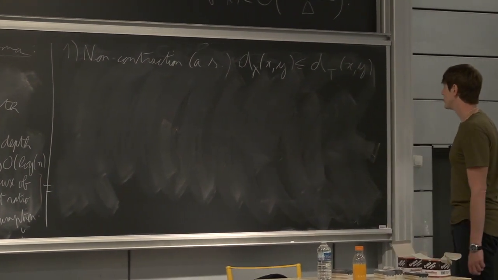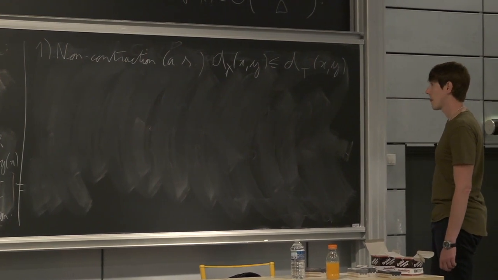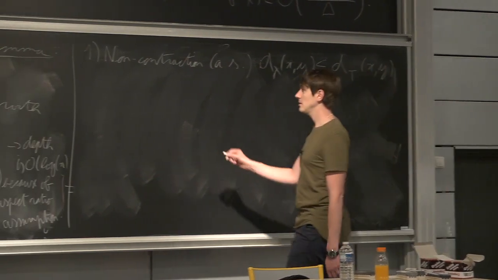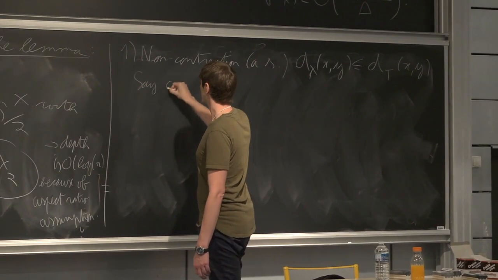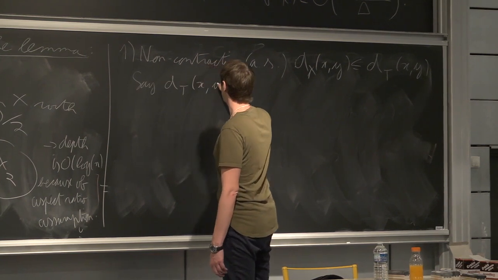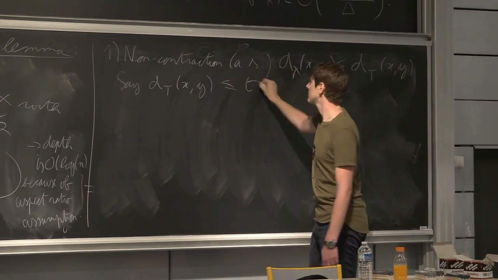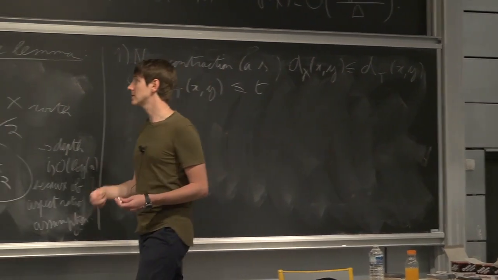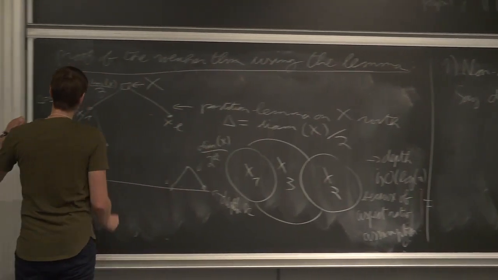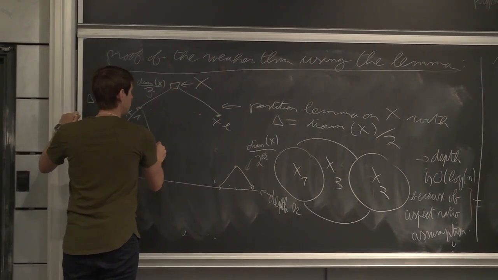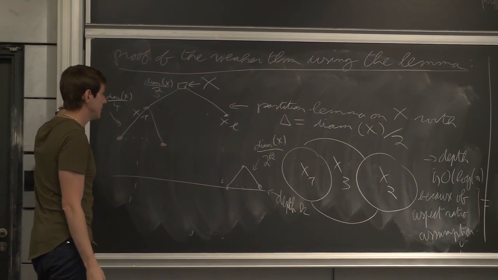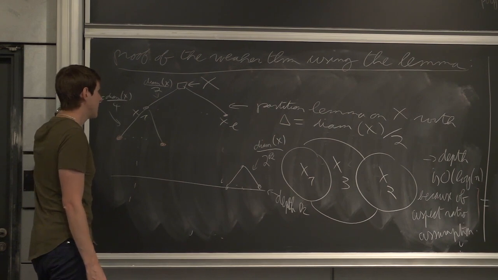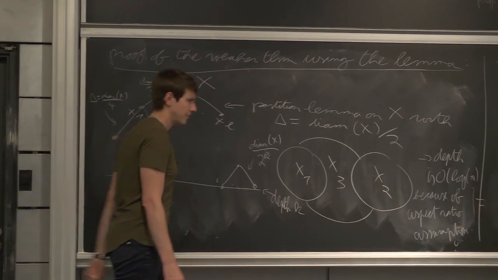Okay, so how do you prove that? Say that the distance in the tree between x and y is smaller than some t.